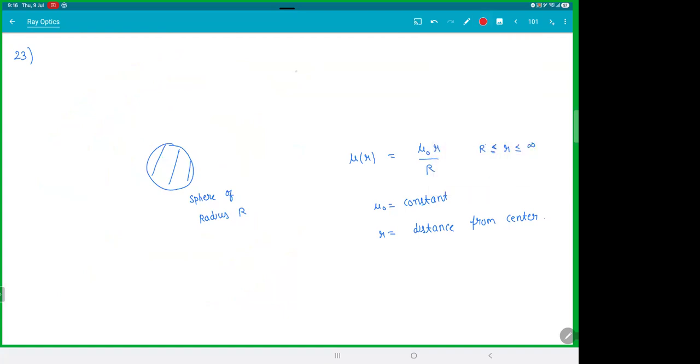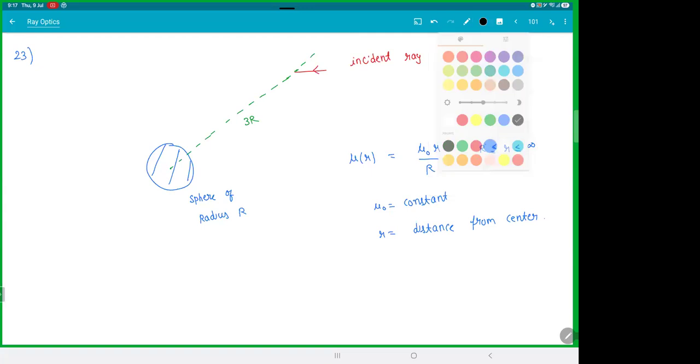Now what you did, you sent a light ray. This is your incident ray. From the center, this was your normal. This distance was 3r. So this light ray at a distance of 3r, it entered here. And this is your angle of incidence theta.